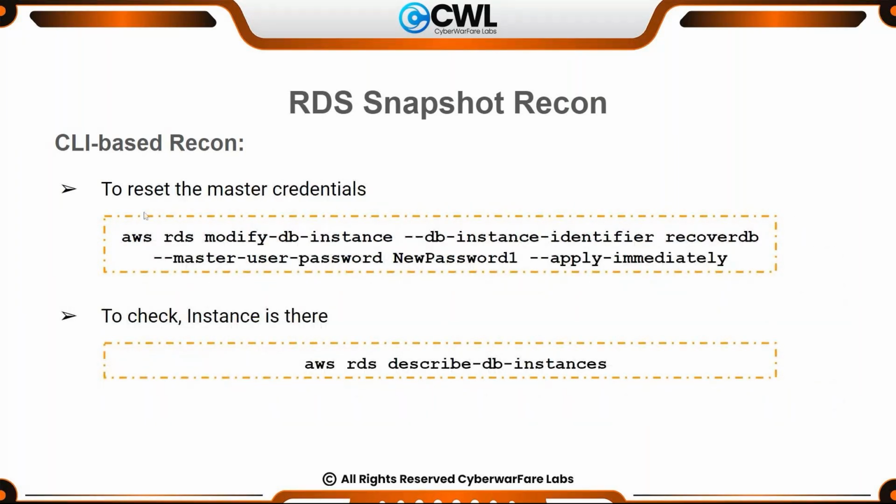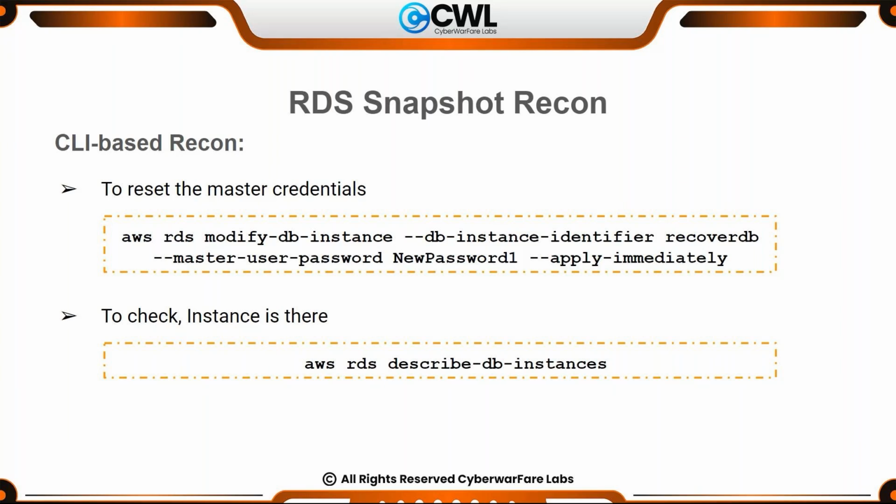And here you can see the first command, which is modify-db-instance. This command is used to modify an existing RDS database instance. We can modify or reset the master credential of this restored database.